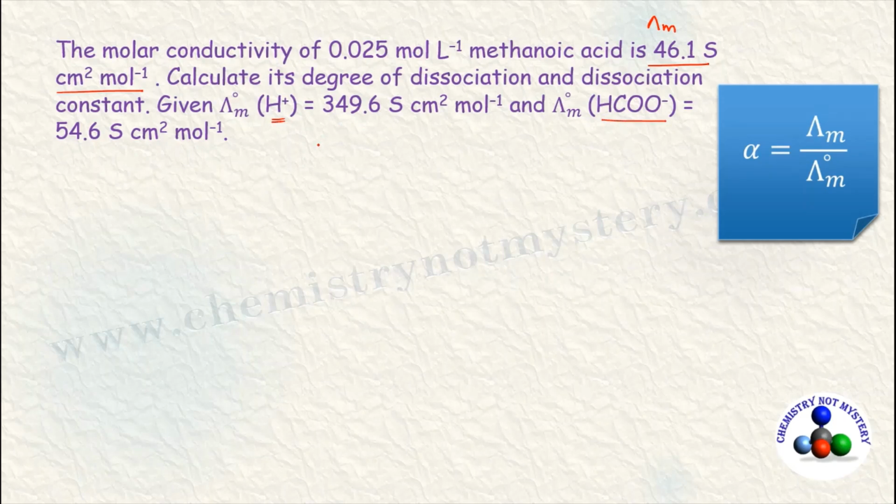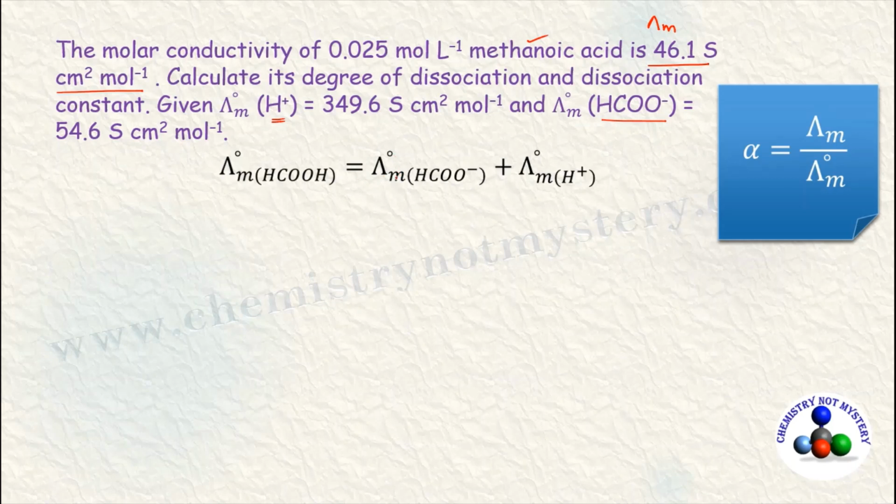So by using Kohlrausch law, we can calculate the limiting molar conductivity of methanoic acid. First of all, write the equation for limiting molar conductivity of methanoic acid. So here you will get limiting molar conductivity of methanoic acid is equal to limiting molar conductivity of HCOO negative ion plus limiting molar conductivity of H plus ion.